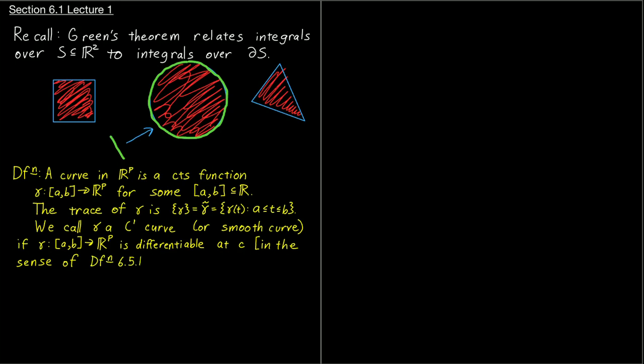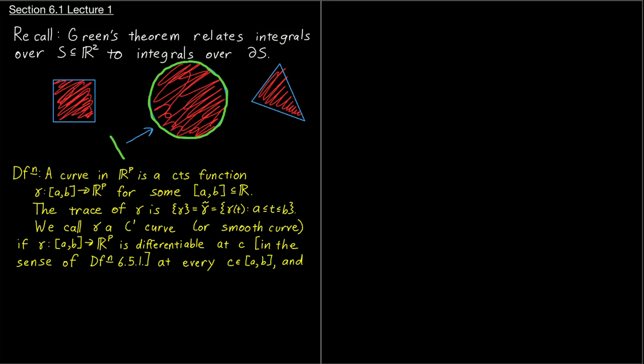So if you can differentiate it in the sense that we're used to from chapter 6 at every point C in the domain, that's what it means to be a differentiable curve.